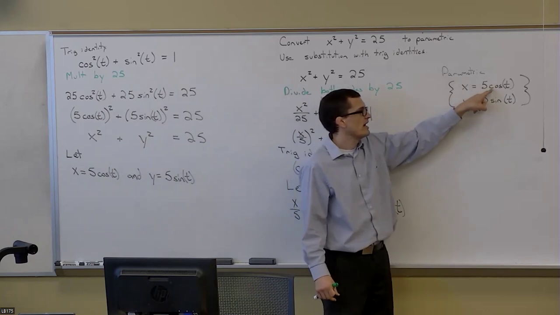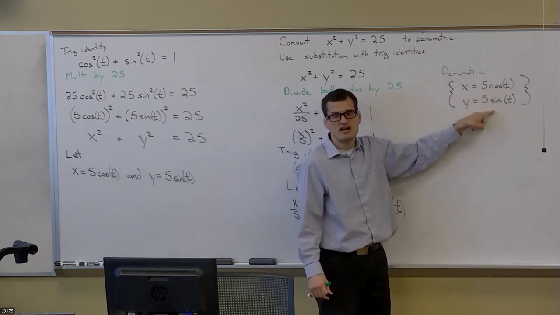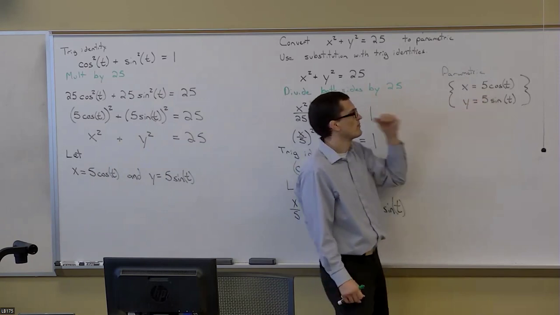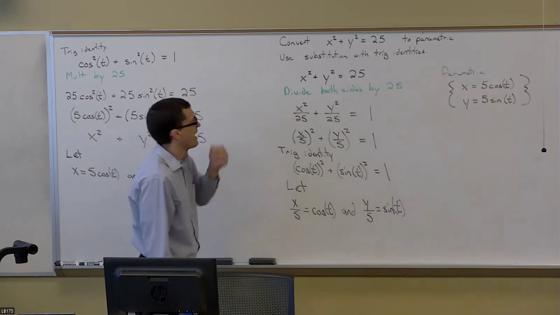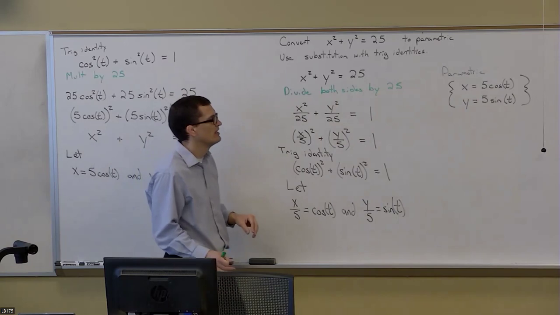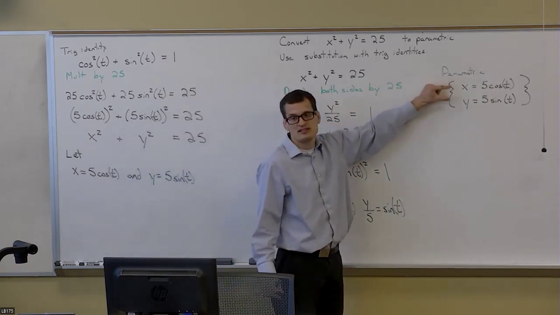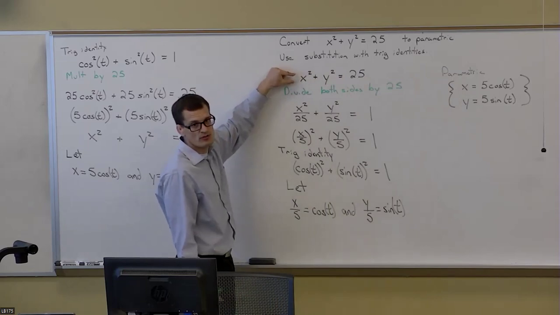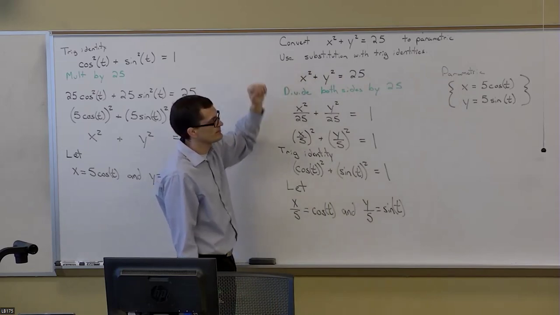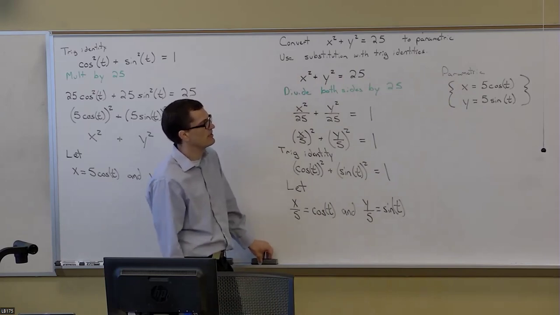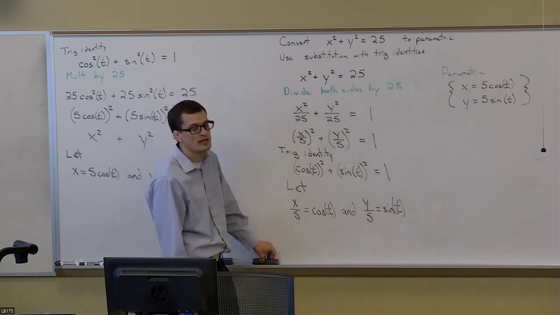These individual pieces are pretty easy to deal with. If you're dealing with calculus and taking a derivative, sometimes this is a lot easier than having two variables that are both being squared. So that shows you sometimes parametric equations are nice.